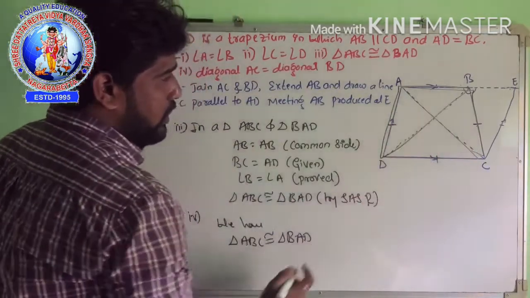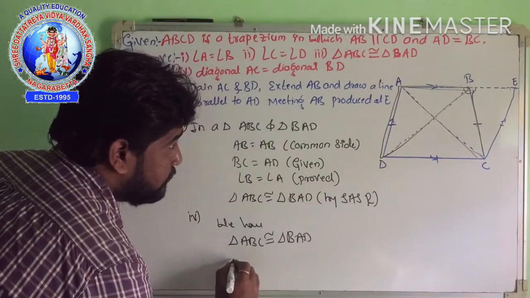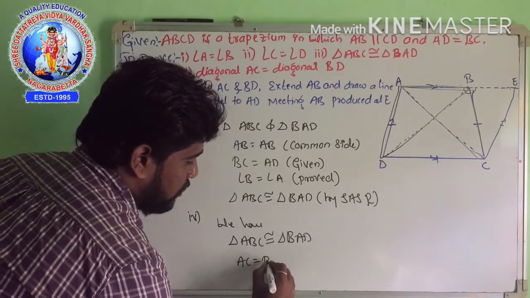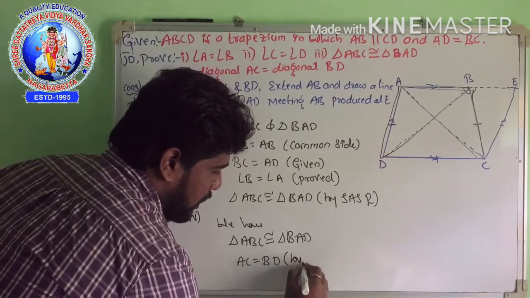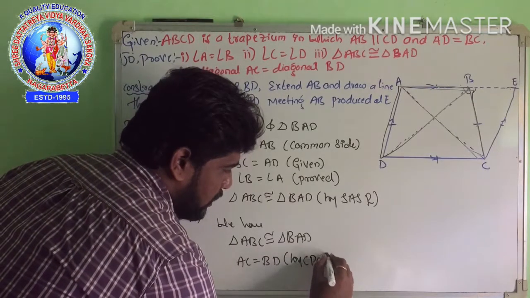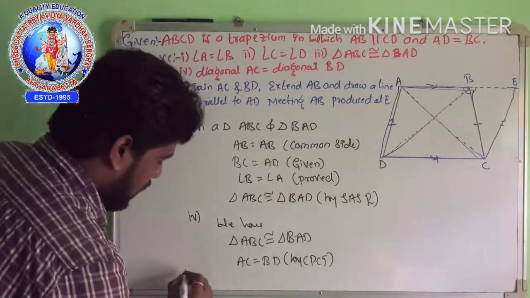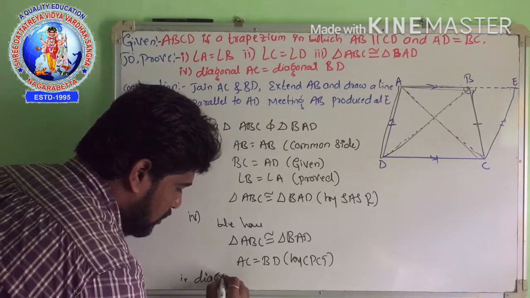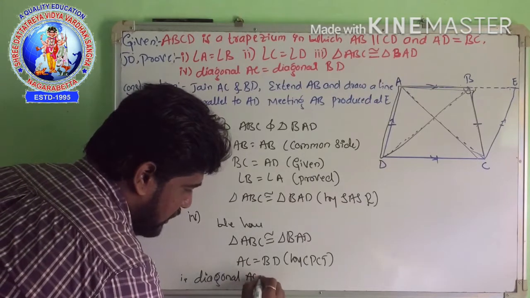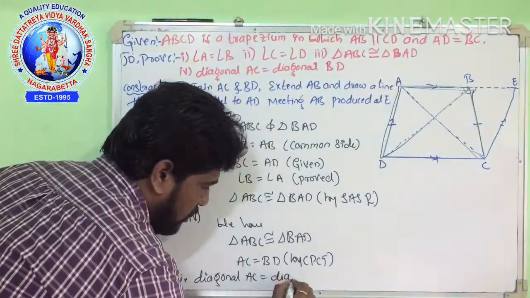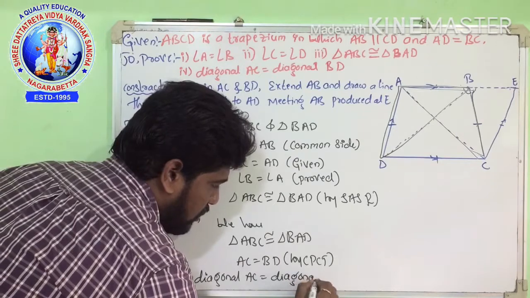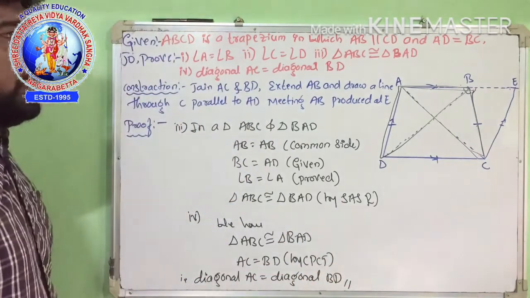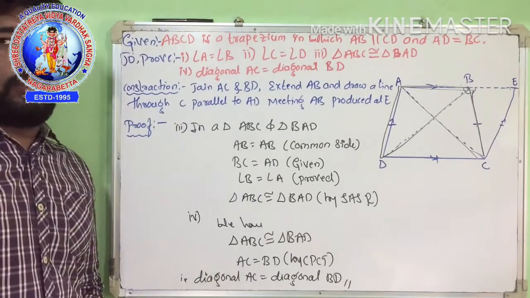So these two triangles are congruent to each other, means AC is equal to BD by CPCT, corresponding parts of congruent triangles. So that is, diagonal AC is equal to diagonal BD, hence proved. So this is all about the 12th question. Is it clear?